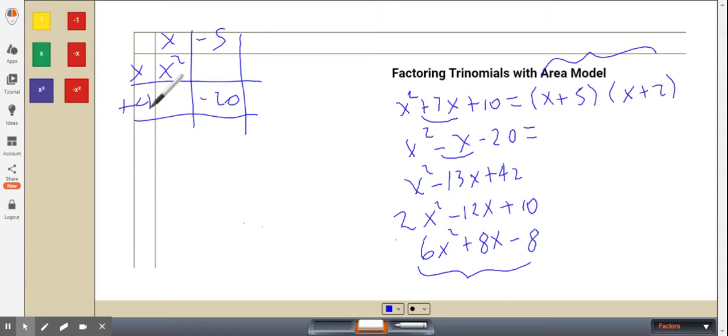And now I'm going to fill the rest of my model. So I have negative 5x here, and I have positive 4x here.